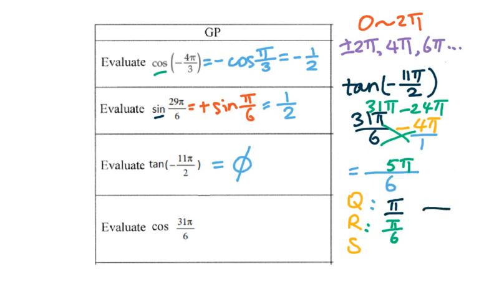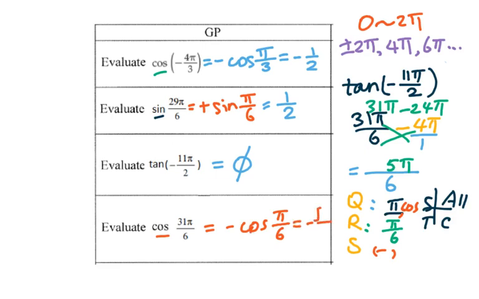Then we go to All Students Take Calculus. I'm looking for cosine. So cosine for the second quadrant is negative. That's why we get negative cosine pi over 6. That means negative square root of 3 over 2.